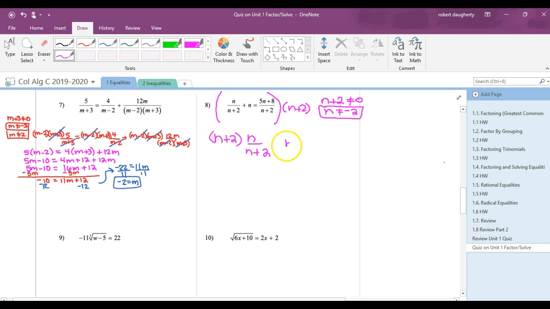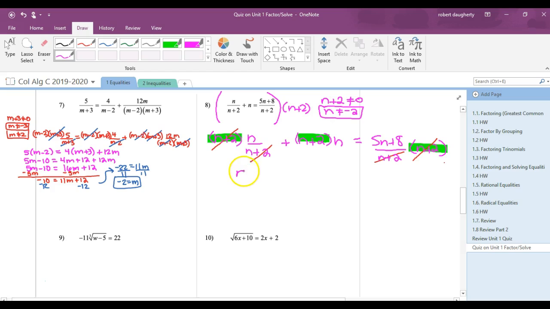Plus, I've got that n. It has to be multiplied by n plus 2. Equal 5n plus 8 over n plus 2. That has to be multiplied by n plus 2. So what I did here, everything got multiplied by n plus 2. The reason I did that is so that everything simplifies.